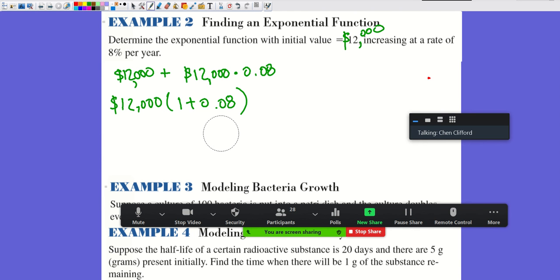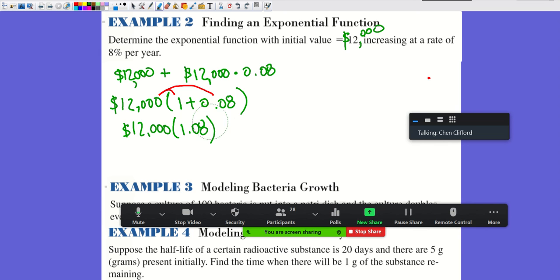Because when you distribute this, you basically get the top. All right, and now let's just simplify this, and you get this.